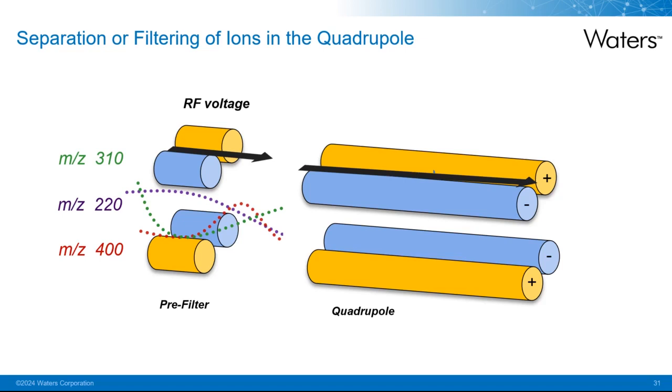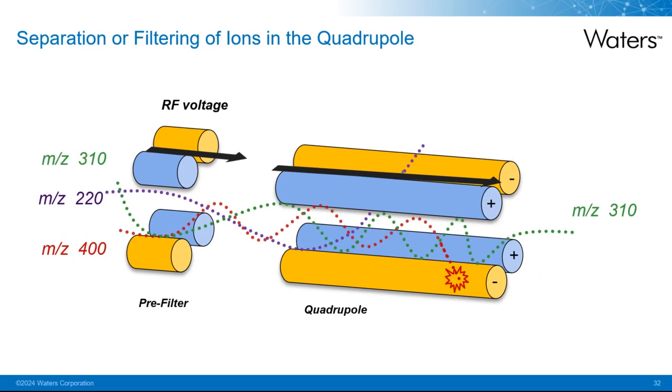The combination of RF and DC voltages applied to the quadrupole creates a fluctuating field, which will only allow one specific mass-to-charge ratio to pass through. All other ions with different mass-to-charge ratios will strike the rods, become discharged, and the vacuum system will pump them away to waste. So this is how the mass spectrometer is filtering the ions through the quadrupole.